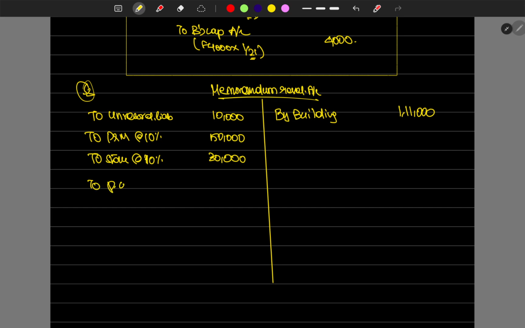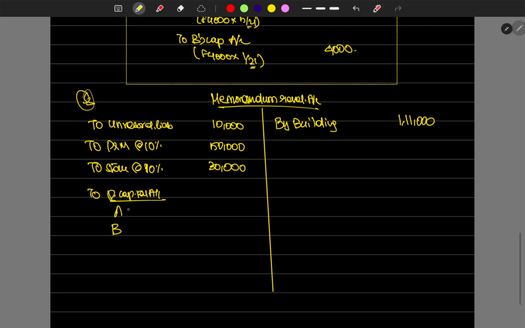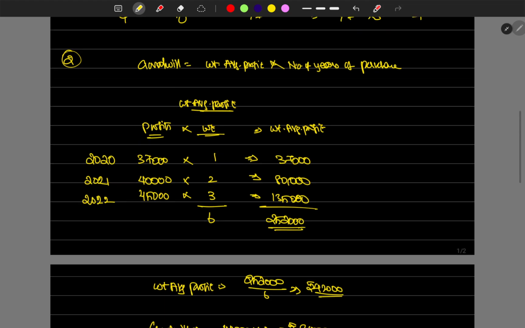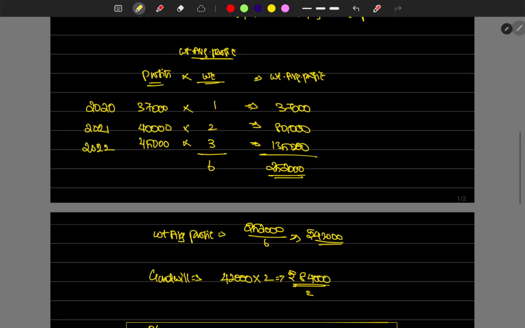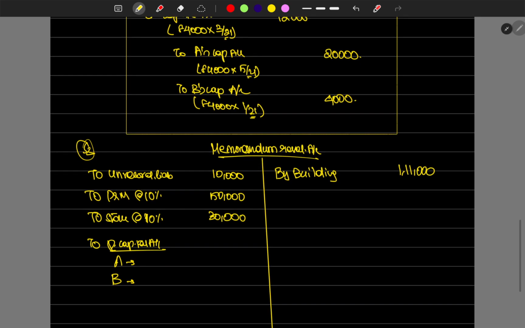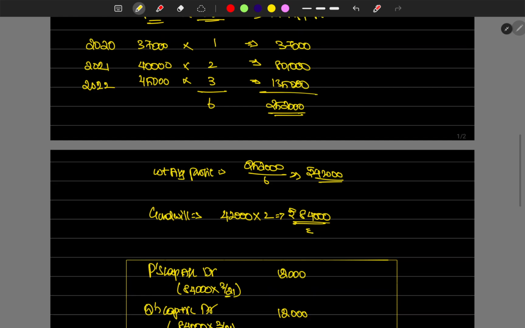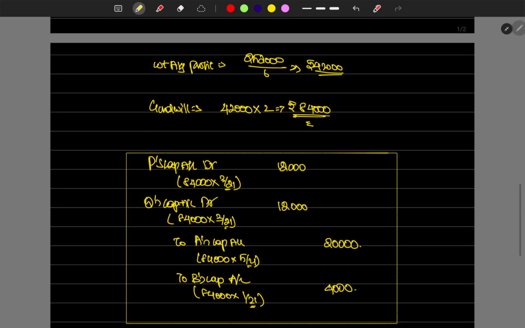Okay, so we have 90,000 here. So the 2 partners' capital accounts, A and B. What's the A share? The old profit sharing ratio is 2:1, right? So 1,11,000 minus total 90,000, which is 21,000. 21,000 into old profit sharing ratio 2/3, 1/3.